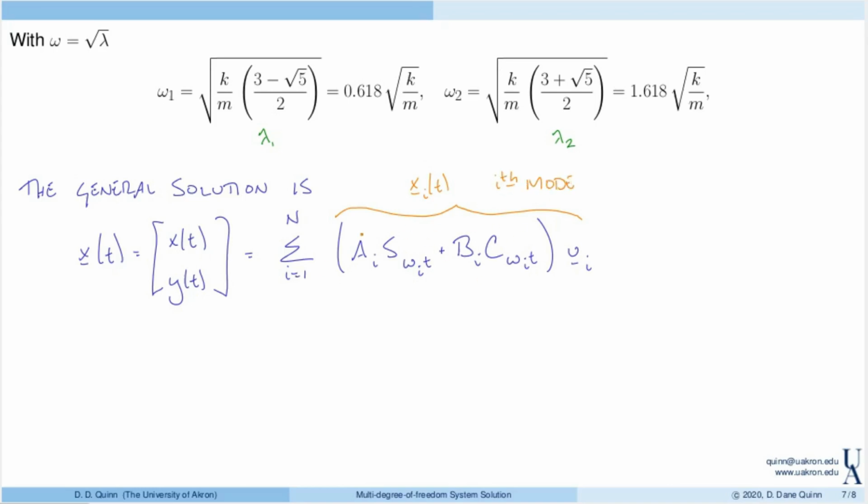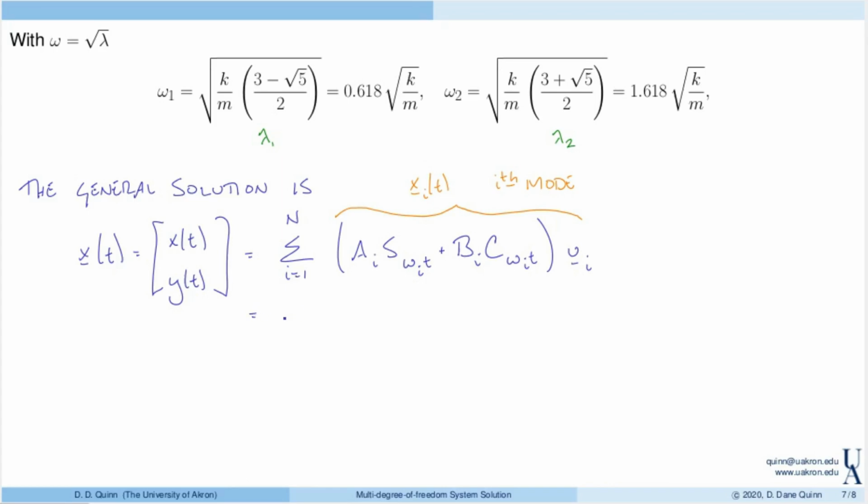Each one of these is a distinct mode of operation or mode of vibration for the system, and we'll see that on the next slide. And we can add together the response of these individual modes.